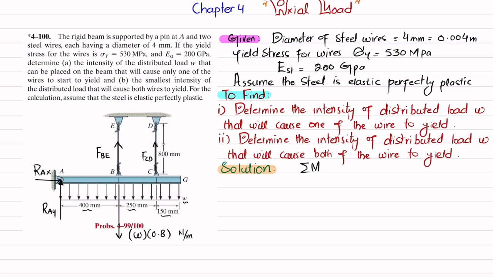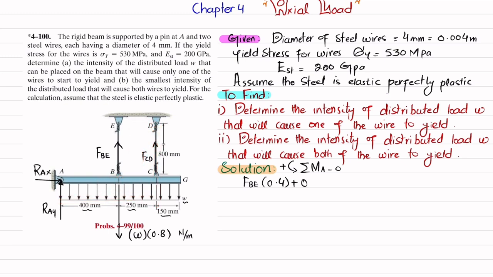The first equation of equilibrium is that the sum of all moments about point A is equal to 0, taking counterclockwise moment as positive. About point A, the first moment is FBE, and the perpendicular distance is 400, which is 0.4 meter, and it is producing counterclockwise moment, so it will be positive. So I will write FBE multiplied by 0.4. The second moment is due to FCD, and the perpendicular distance is 0.65 meter, and it is also producing counterclockwise moment, so it will be positive.